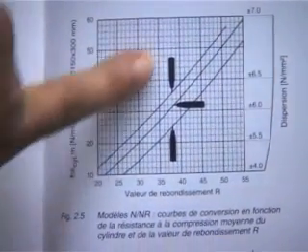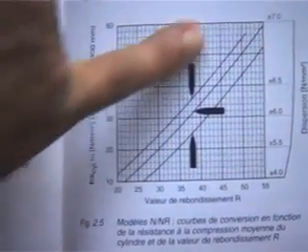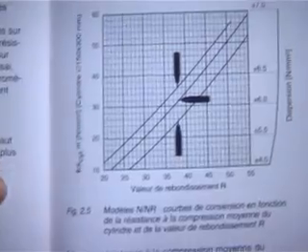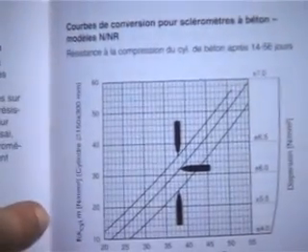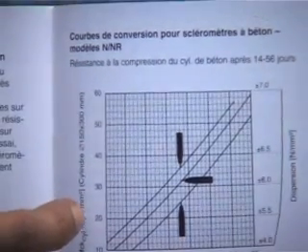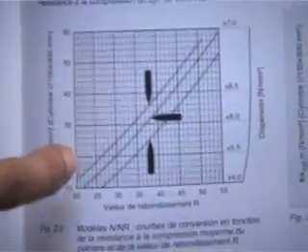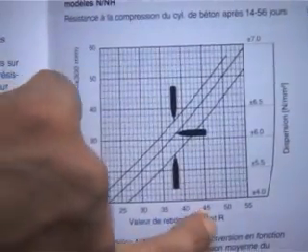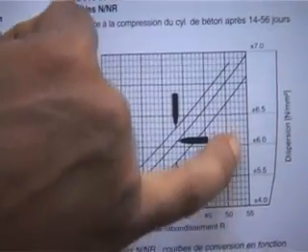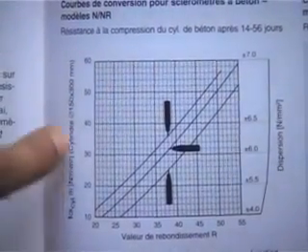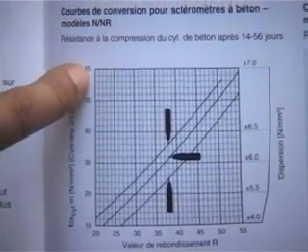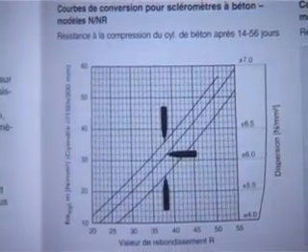For example, this curve, the one at the top, is appropriate for the configuration of the testing that we did in this particular case. And here we had a rebound value of 52, and 52 comes roughly about here, and that translates to a uniaxial compressive stress of about 56 MPa for this instrument.